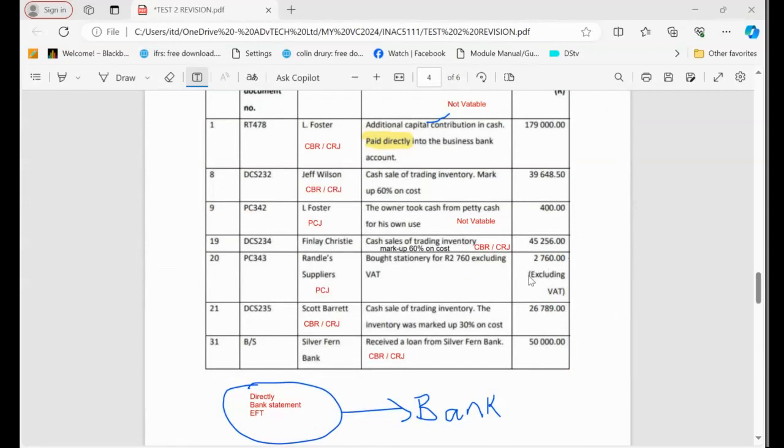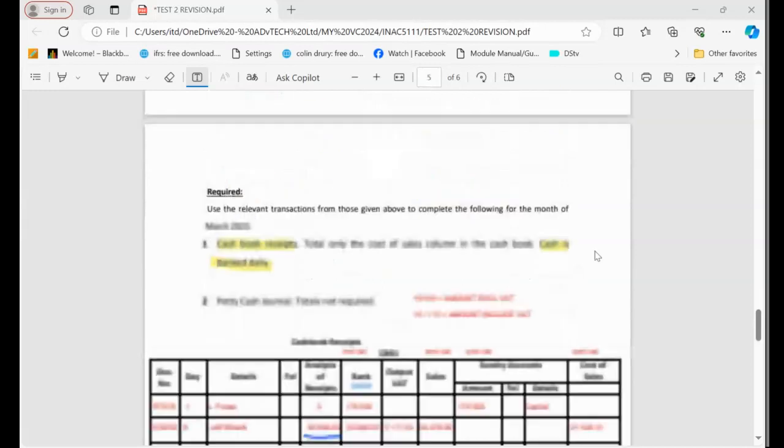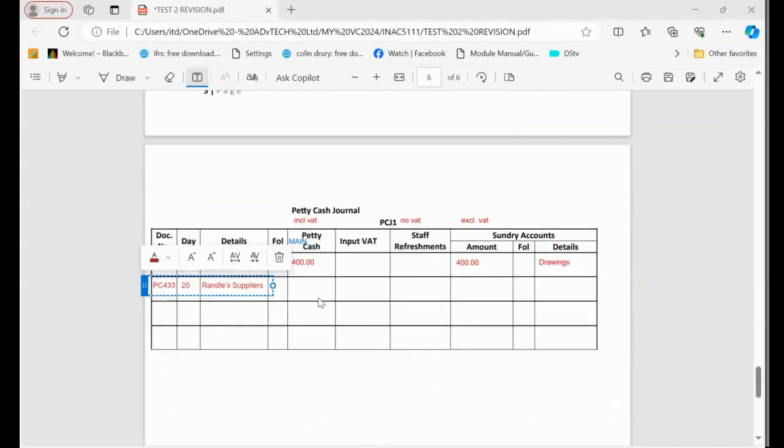It is excluding VAT. So let's go and record 2760 excluding VAT. So I cannot put it here under petty cash because it is excluding VAT. I need to check, is stationery having a column here? The answer is no.